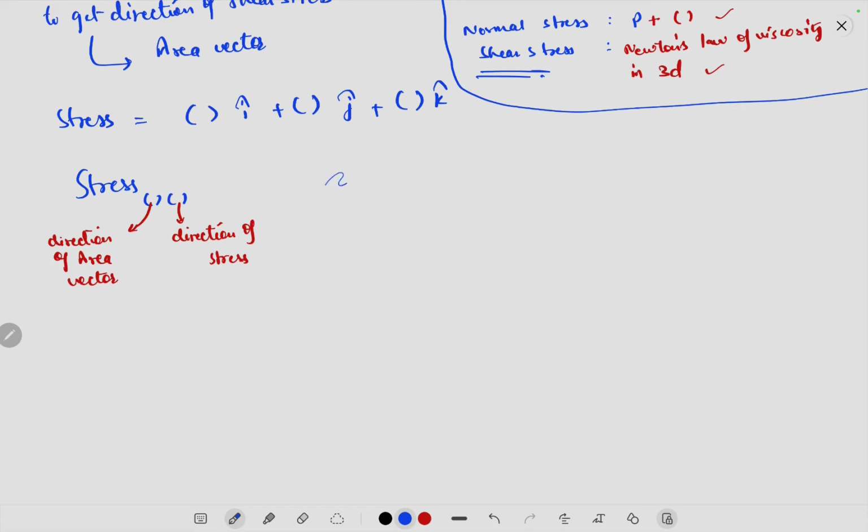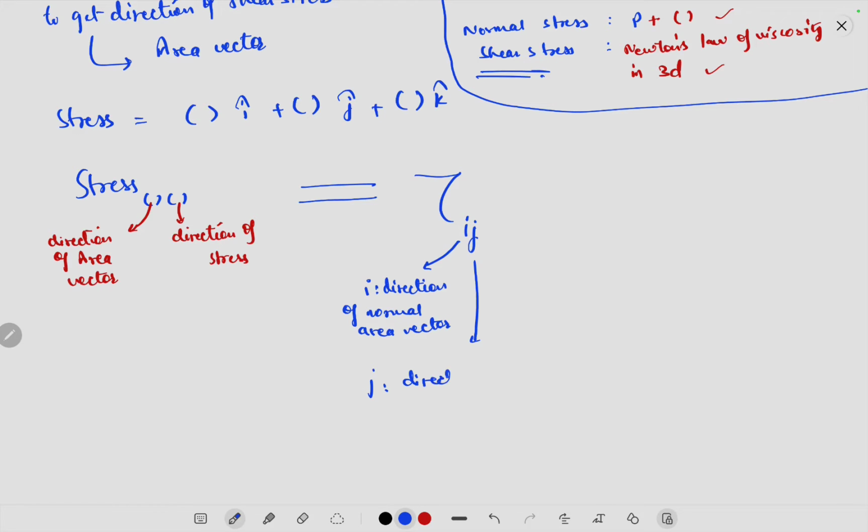This stress is usually denoted with the Greek letter tau and subscripts ij. So i tells me the direction of the normal area vector and j tells me the direction of stress.